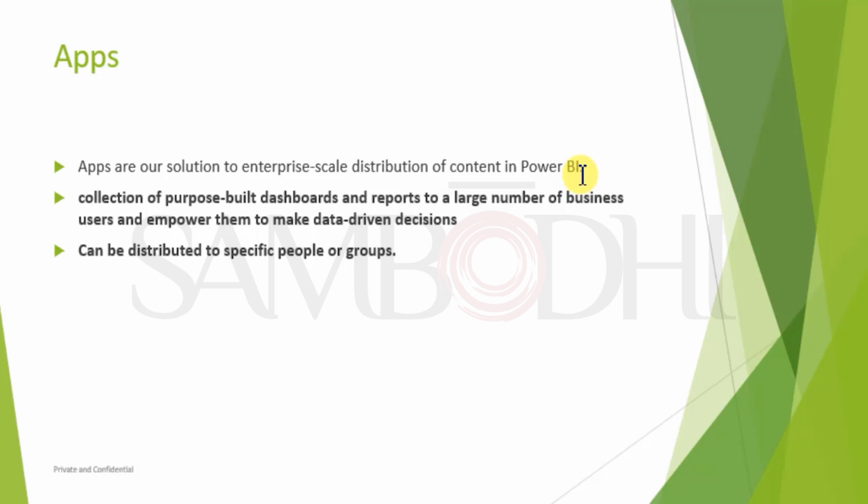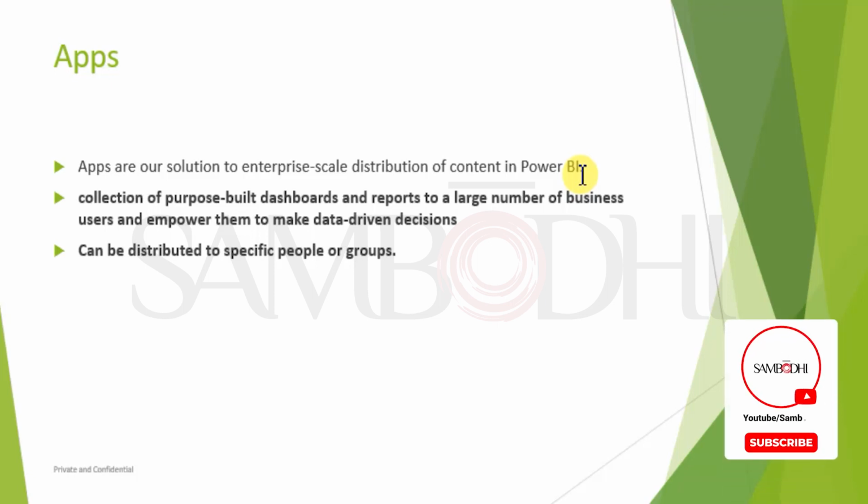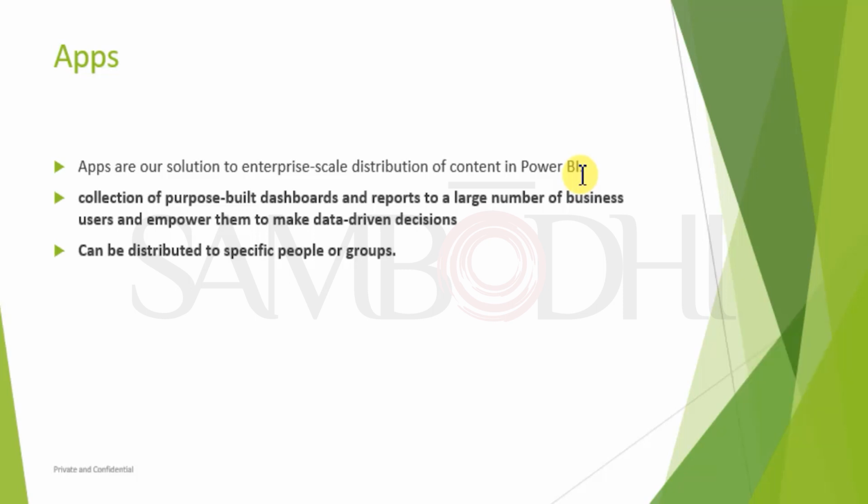At the same time, if you want to distinguish between different sets of data, isolate that data and distribute it to only the intended user, one way of doing it is creating apps specific to that report, and then only people having access to this link would be able to access the related isolated content.